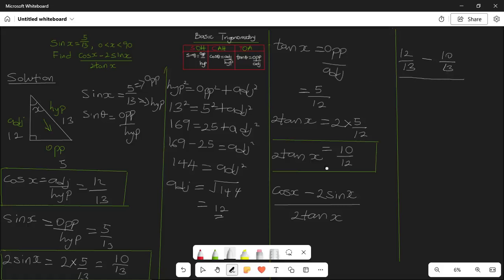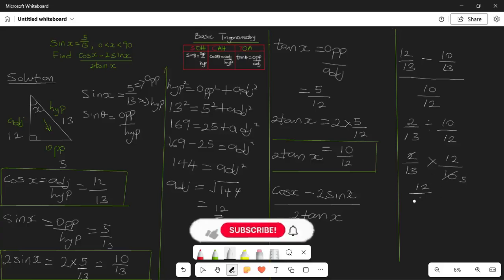Then 2 tan x equals 10 over 12. When we simplify the numerator, that gives us 2 over 13. So we have 2 over 13 divided by 10 over 12, which gives us 2 over 13 times 12 over 10. Here we have 12 over 5 times 13, so 12 over 65. That is going to be the final answer.